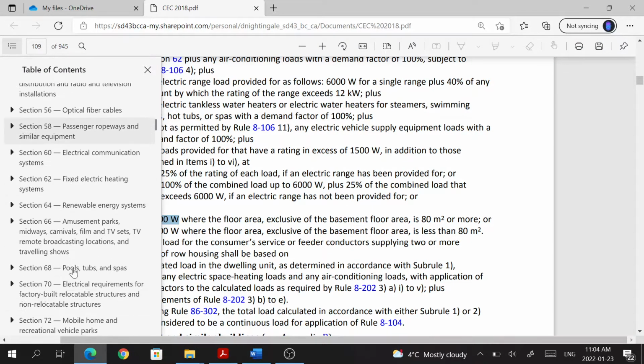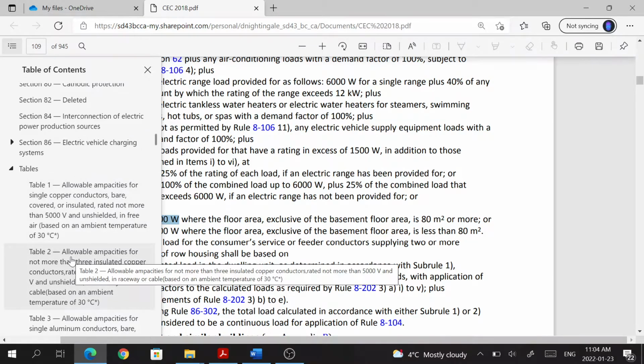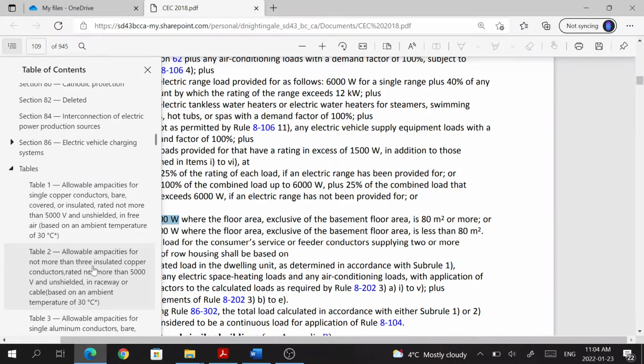So table 2 is going to be allowable ampacities for not more than 3 insulated copper conductors rated not more than 5,000 volts and unshielded in raceways or cable. So key words there being copper and a raceway and or cable.